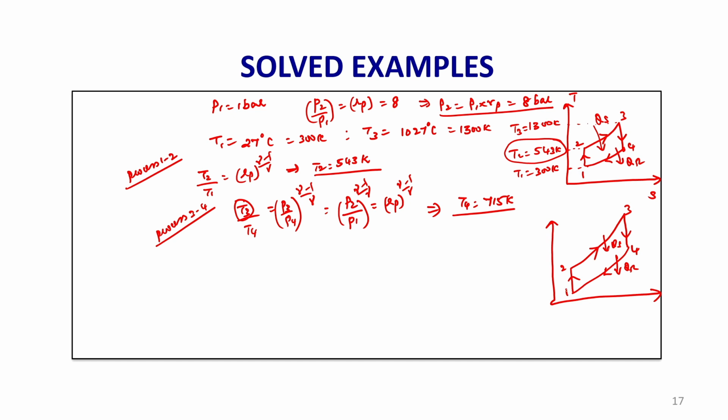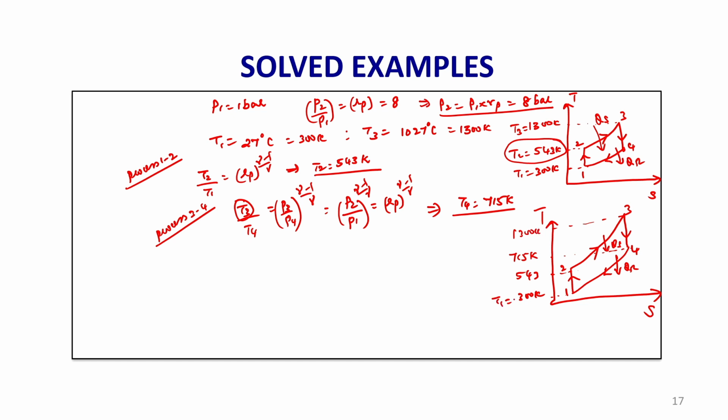Now, if you mark the temperatures, T1 is given as 300 Kelvin, this is temperature, this is entropy, and T2 we have found as 543. T4 is coming here, 715 Kelvin, and T3 is the highest temperature, 1300 Kelvin.